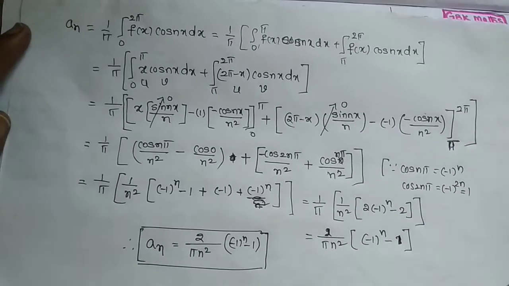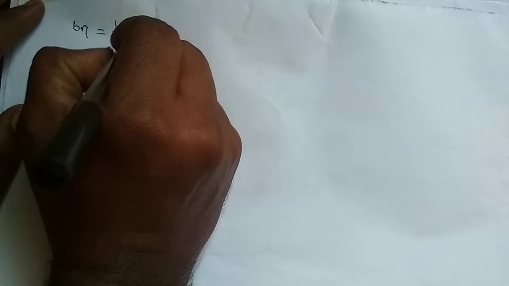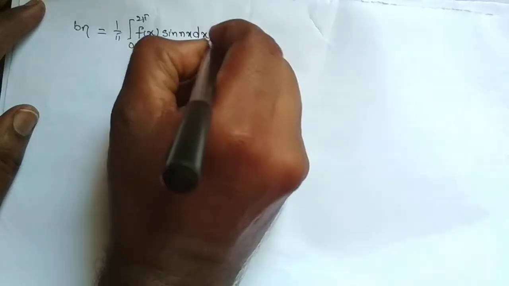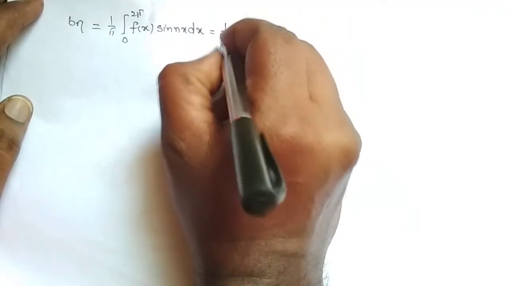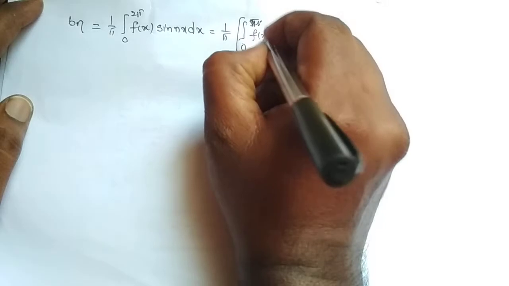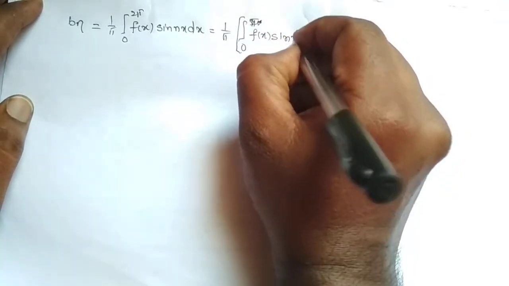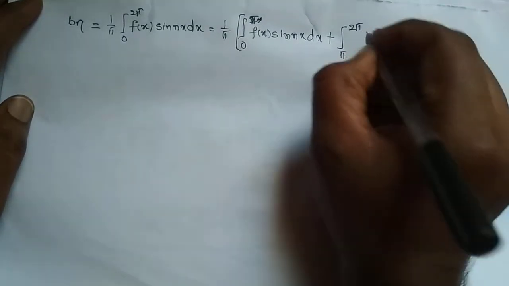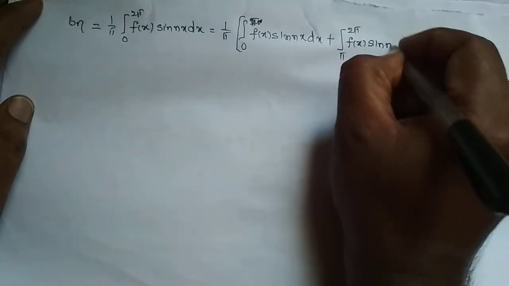Similarly bn is equal to 1 by pi into integral 0 to 2 pi f of x sin nx, which can be written again as two parts: 1 by pi into integral 0 to pi f of x sin nx dx plus integral pi to 2 pi f of x sin nx dx.